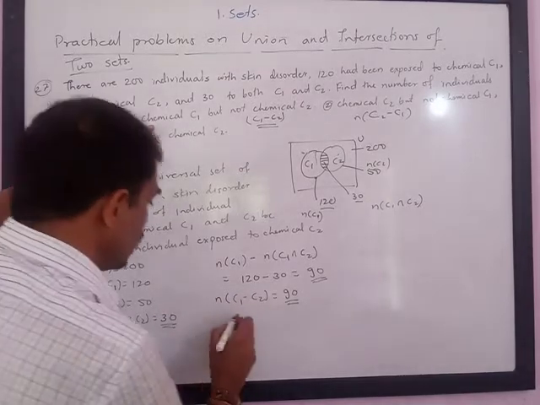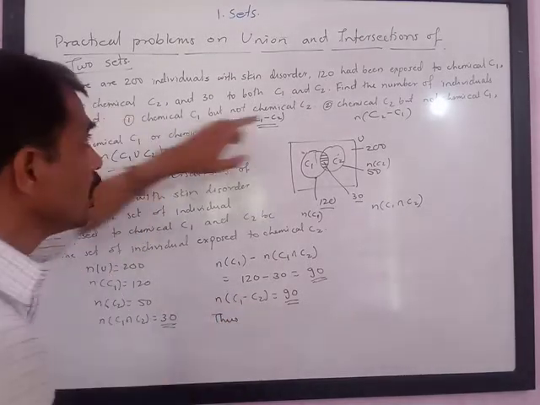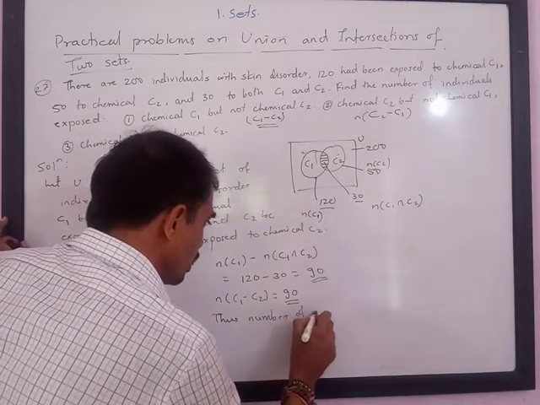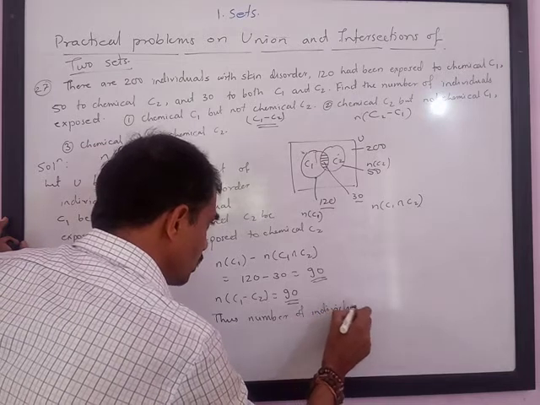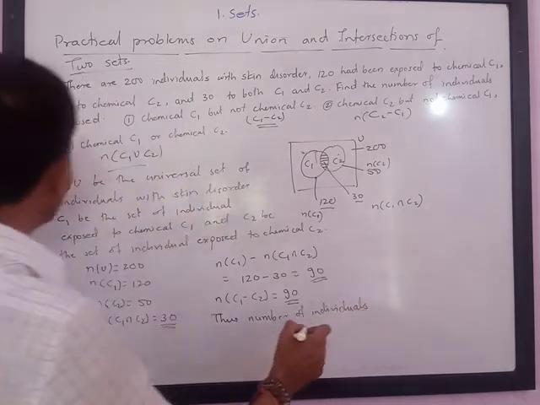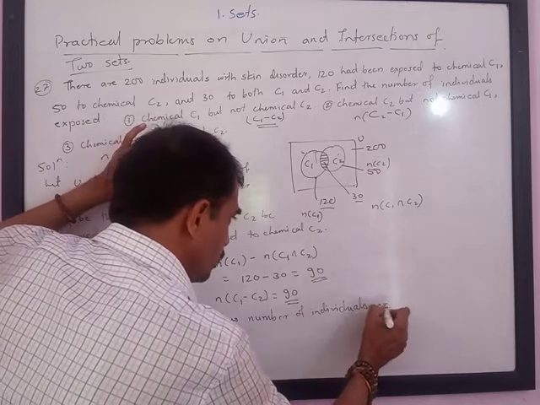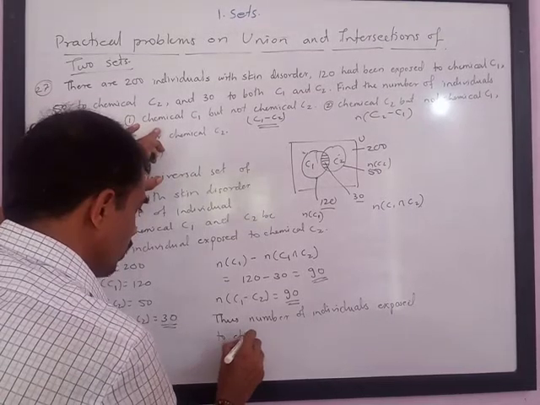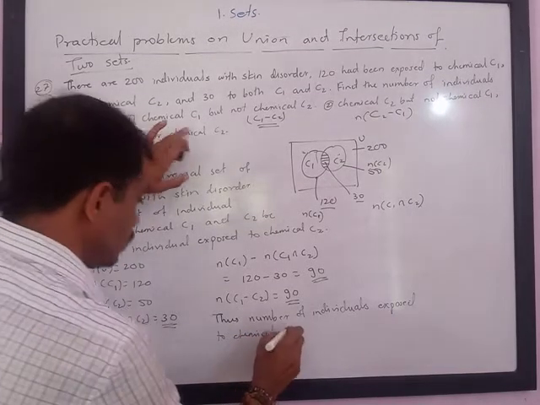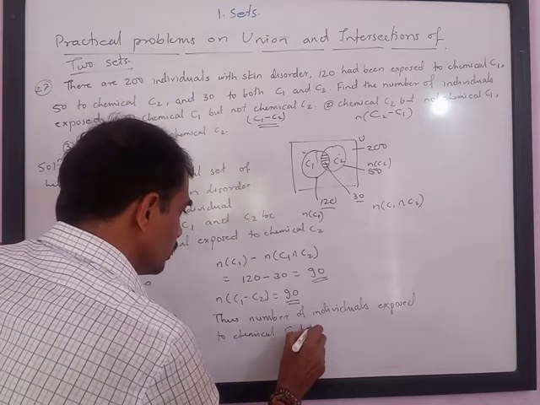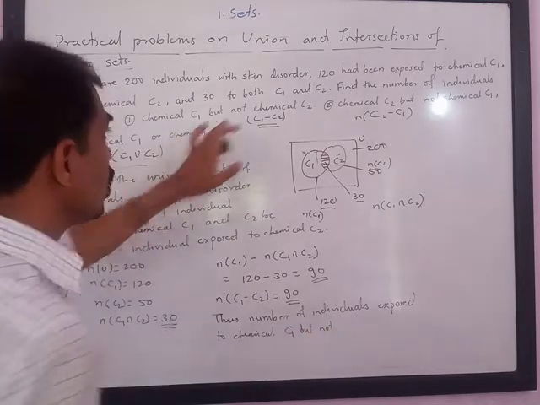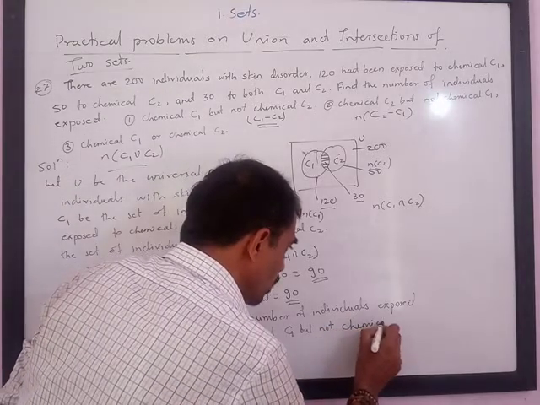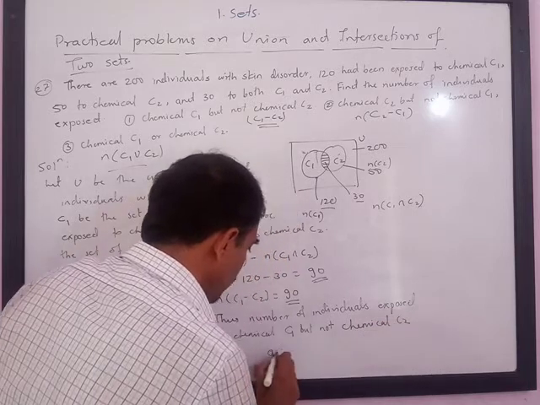Thus we have found the number of individuals exposed to chemical C1 but not chemical C2 is 90.